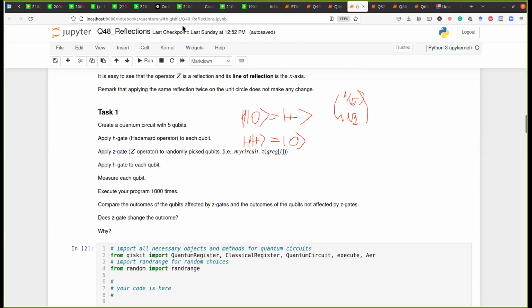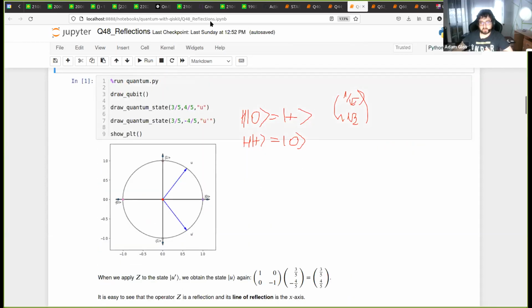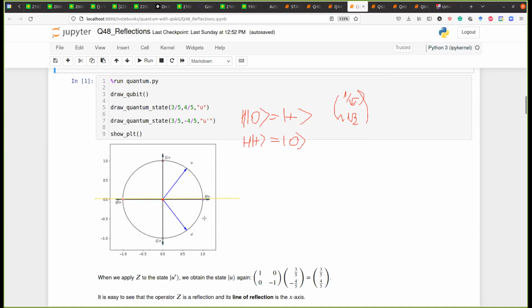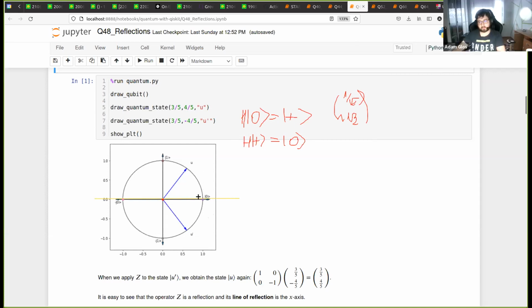So what do you mean by reflection? Reflection is a geometrical operation in which we are just mirroring the vector with respect to some axis. Okay, then rotation by pi is also a reflection. No, not by pi, because by pi 0 will map to -0.